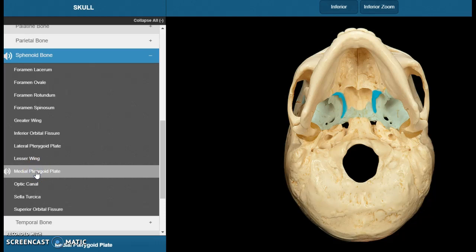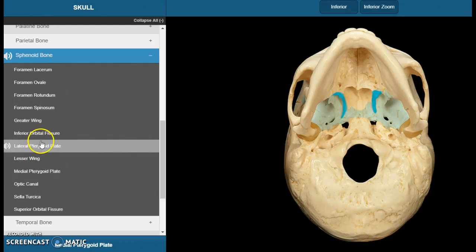So they're tired, they want to eat some food, he's kind, and he uses the medial pterygoid plate. He gives that to his girlfriend, Sella, first, and then he is second, eating off of the lateral pterygoid plate.